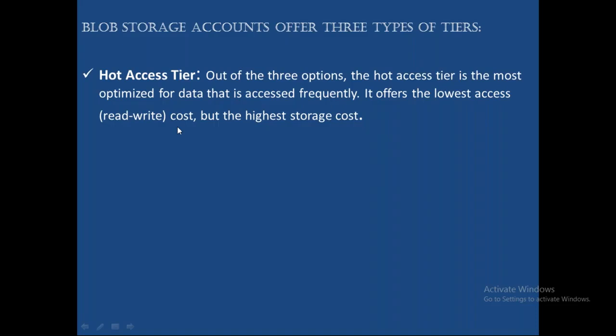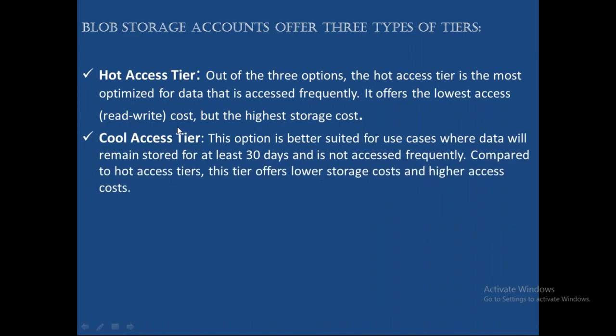Only these points we need to focus on. Use the hot access tier to store frequently accessed data. Second, storing data is very costly, but accessing the data is very cheap.